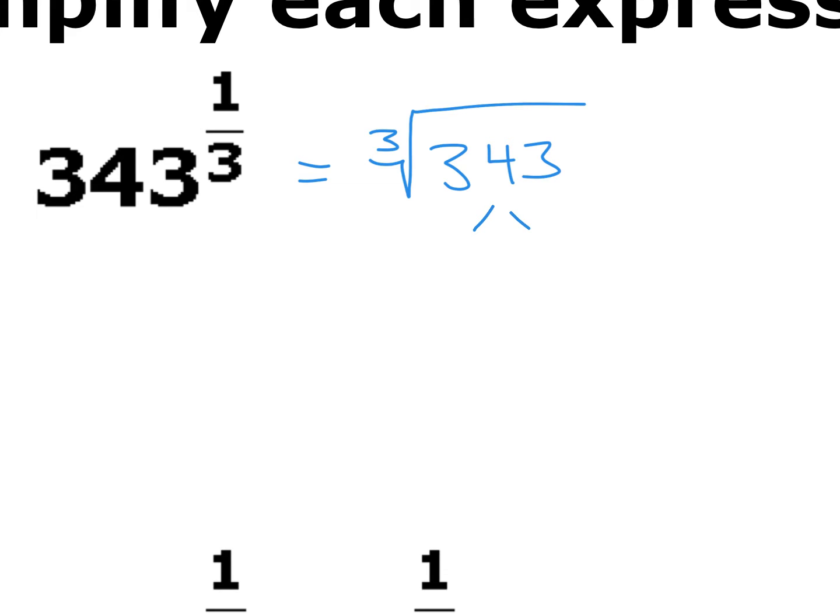Seven is a factor, so we have 7 and 49. 7 is a prime number, so we can't break that down anymore. What are 2 factors of 49? 7 and 7.